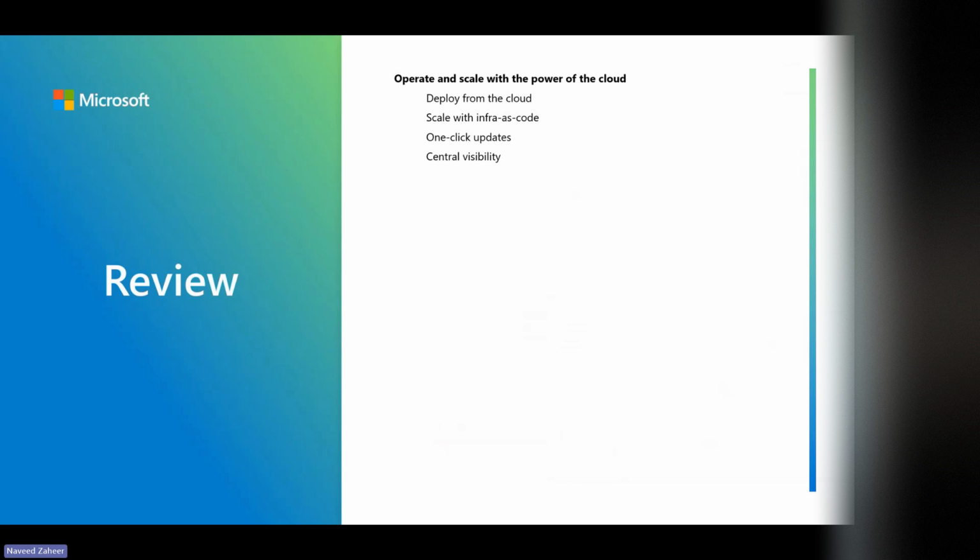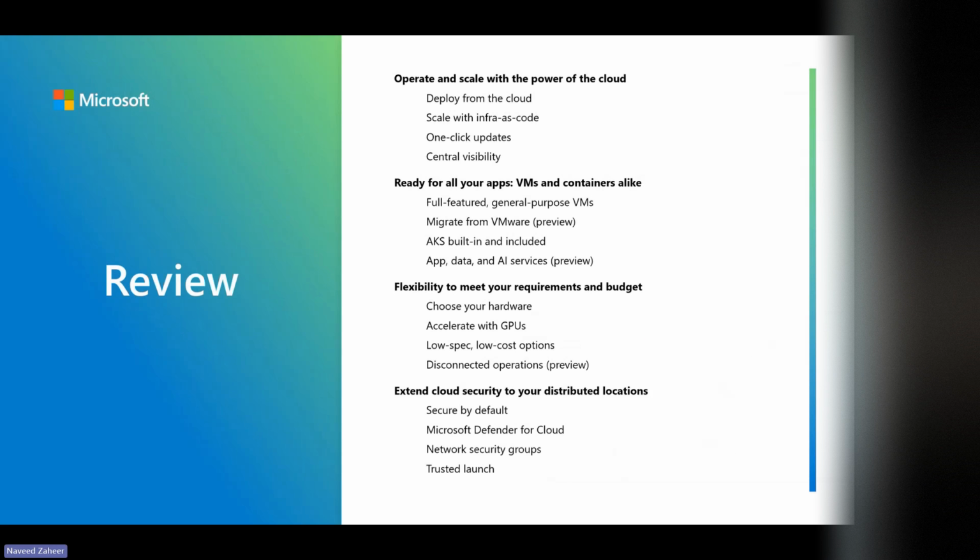So, a quick review. We talked about Azure Local. Azure Local Connected is GA, but Azure Local Edge and Azure Local Disconnected are in preview. The goal of Azure Local is the ability to operate and scale your infrastructure with the power of the cloud, no matter where it exists, and to run all different types of workloads, just like you run them in the cloud, in your distributed location.